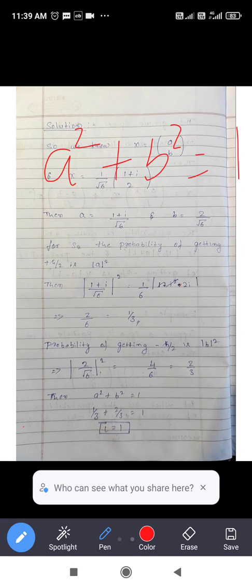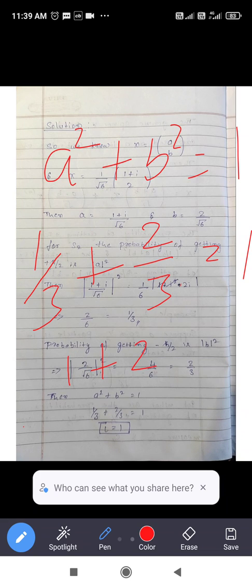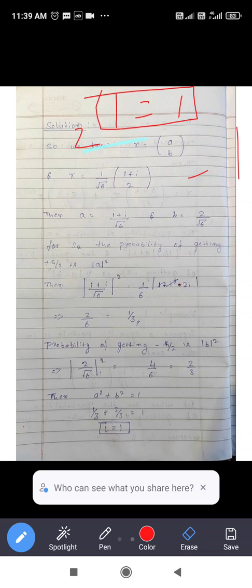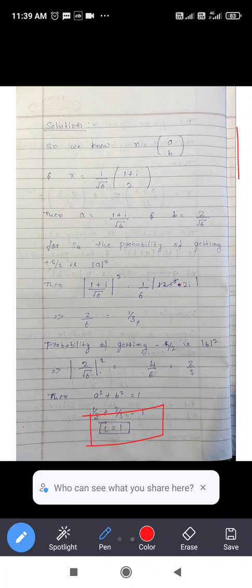There are two states present. So a square is 1 by 3 plus b square is 2 by 3. Take LCM, 1 plus 2 divided by 3, which is equal to 1. So left side and right side are equal to 1. This shows it is correct.